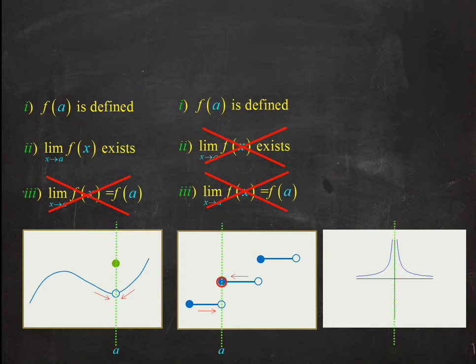Again, obviously, this is the value of interest. So my first requirement is that f of a is defined, and as you'll notice, I don't even have a point at f of a, so it fails on the first condition, and my limit does not exist.